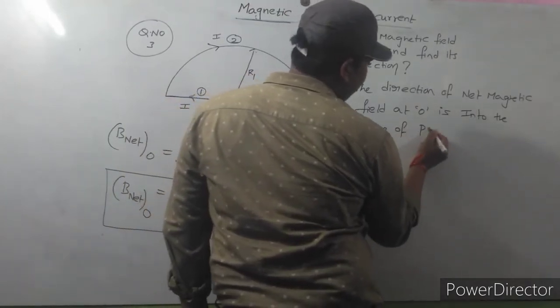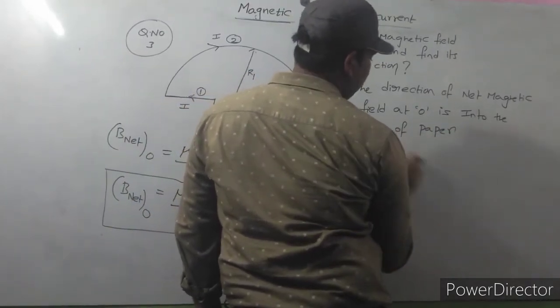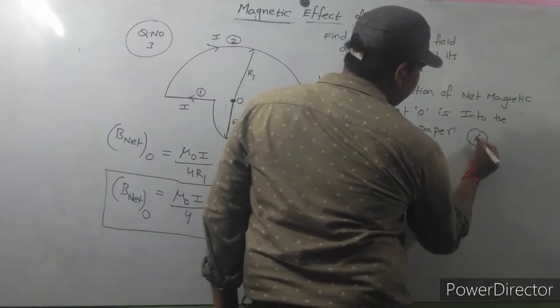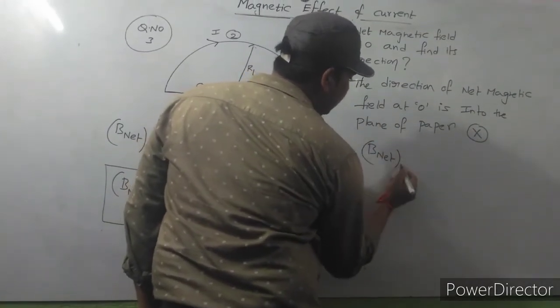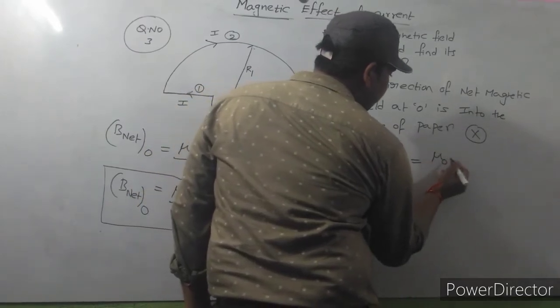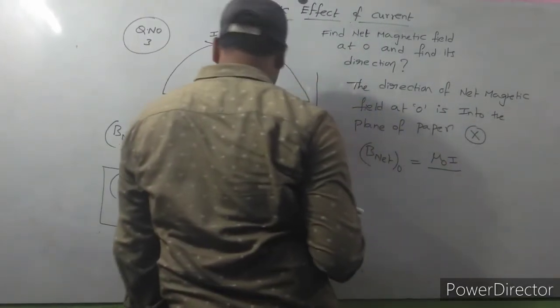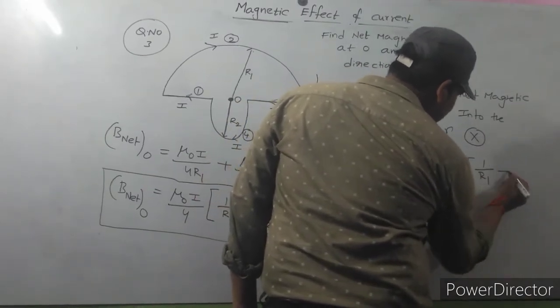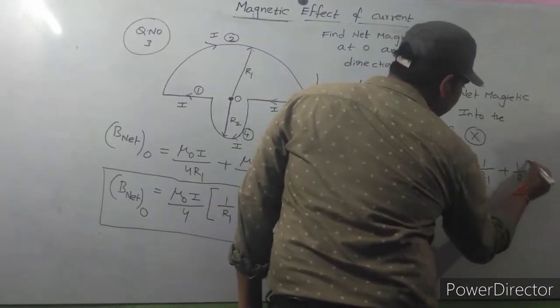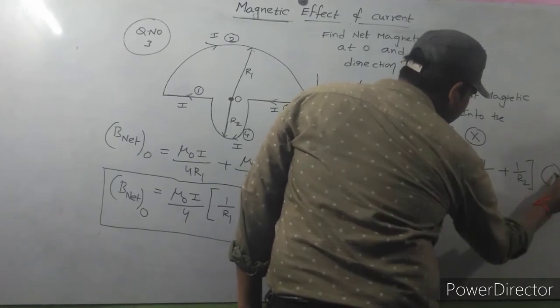So B net at O is mu naught I by 4 into 1 by R1 plus 1 by R2. Direction is into the plane.